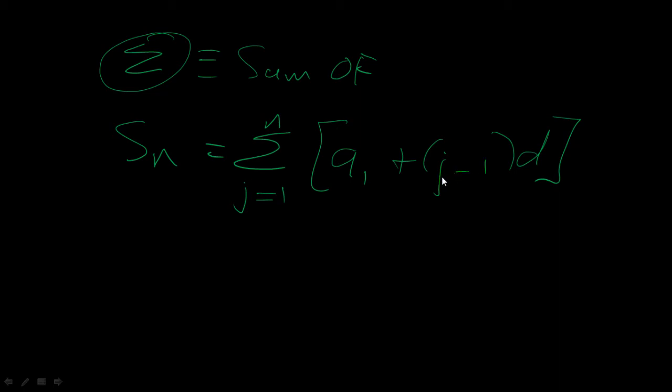In other words, j equal to 1 will give me a1. If j is equal to 2, I will have the second term, and so on until I have j equal to n, and that will be my final term. So this is a very simple and very powerful method to write the arithmetic series of an arithmetic progression based on the basic formula of an arithmetic progression.